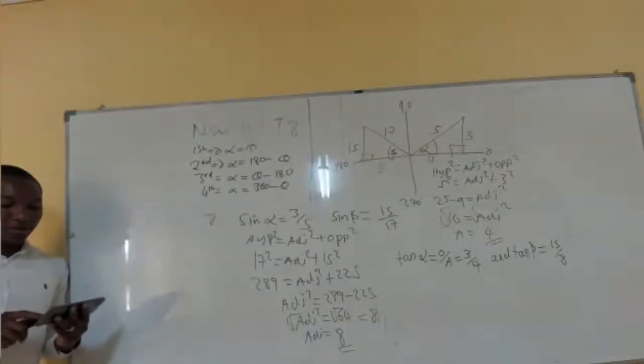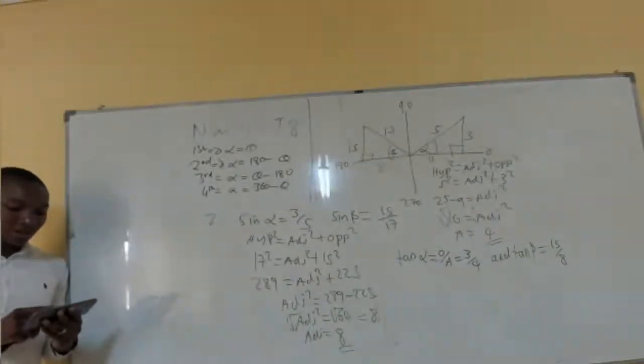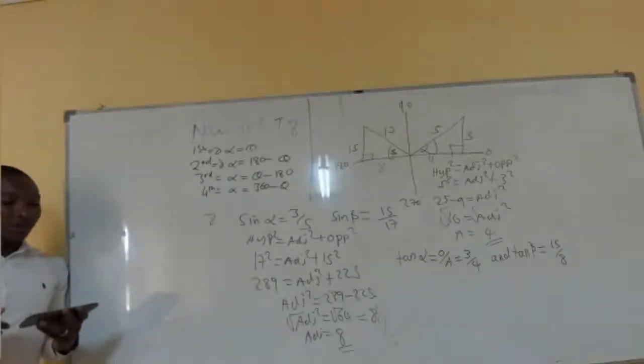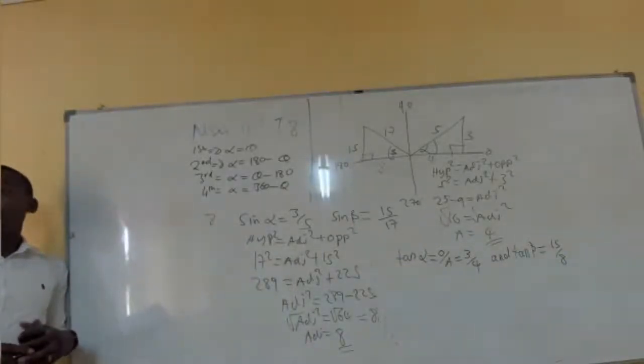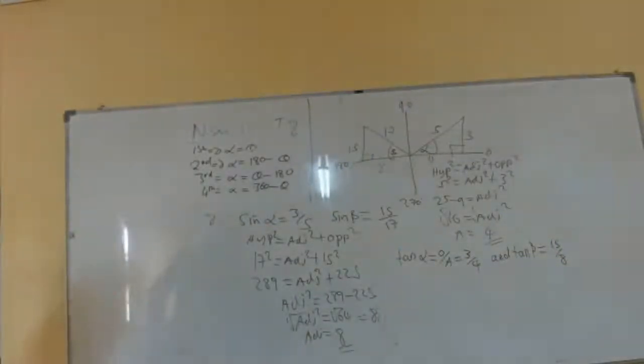But we've not found what we're looking for. To find it, we must not forget where we're coming from. We've been asked for tan A minus B.